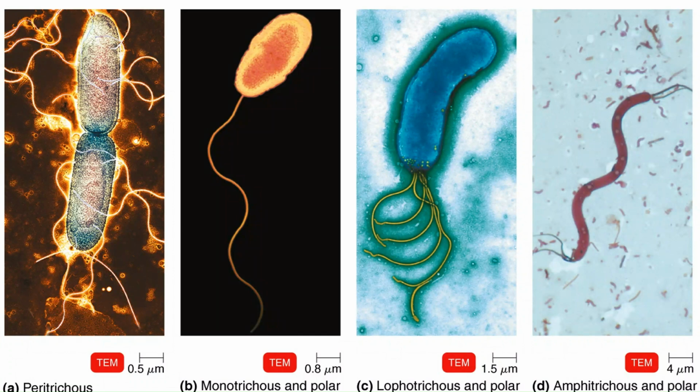Think about the planet Earth and how there are the polar regions in the north and the south ends. On image C, we have something called lophotrichous. And lophotrichous means that there's a tuft of several flagellum all in one spot. And lastly is amphitrichous, which means that the flagellum are located in two different spots.